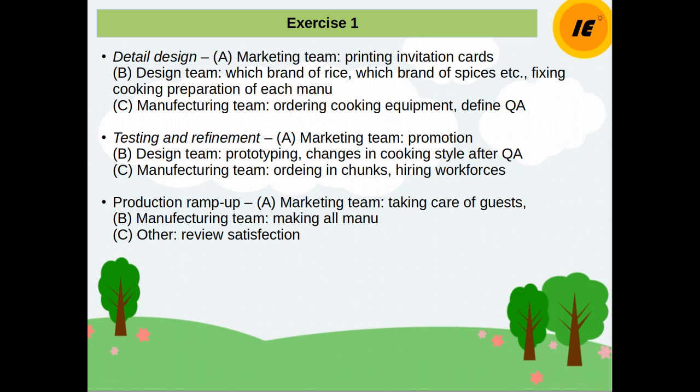Now the manufacturing team will order cooking. For cooking, here of course you don't need, but yeah, let's assume that the basic cooking equipment will be hired, like maybe some kadai and so on. And of course defining the quality assurance procedure is important.